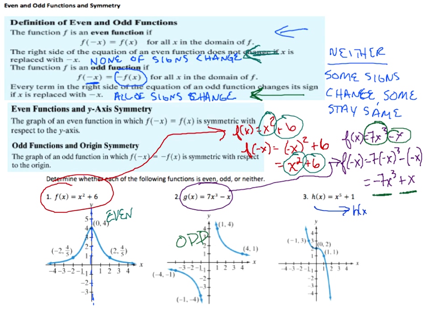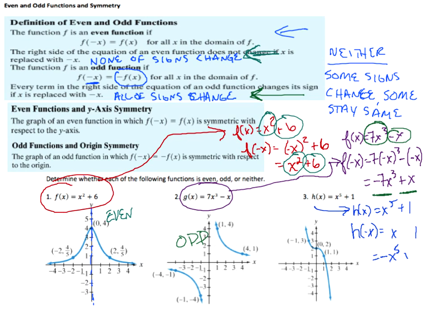And then the last one, if I plug in negative x wherever I see x, I start out with h of x equals x to the 5th plus 1. If I do h of negative x, I get negative x to the 5th plus 1.